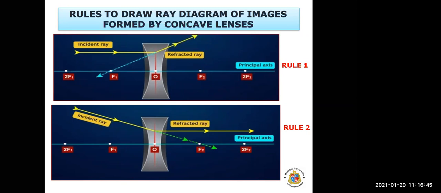Then the second rule: whenever the incident ray is directed through the concave lens, you can see the refracted ray is parallel to the principal axis. So this will be the second rule.